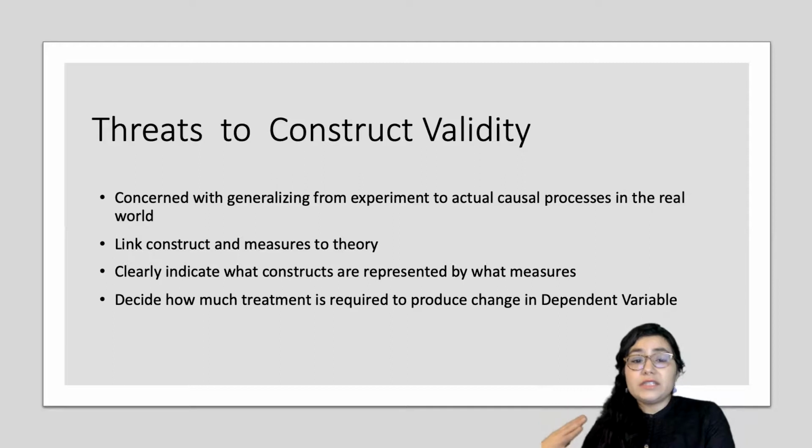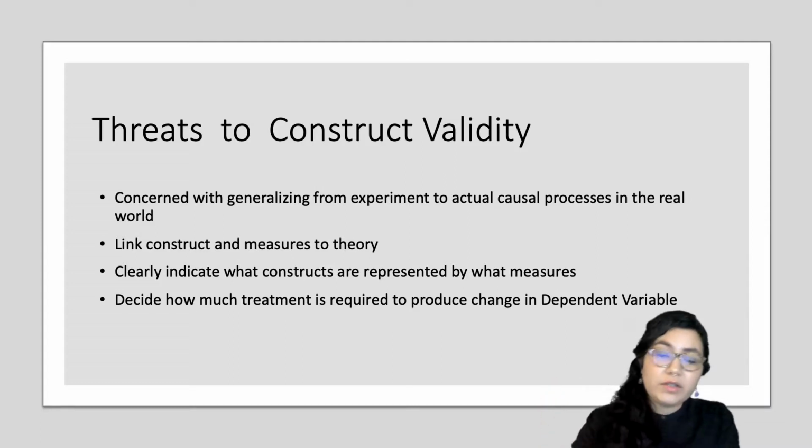We also really need to understand how much treatment is required to produce the change in the dependent variable. So we need to understand, okay, this is the difference in our findings, but is that actually a good difference that's tangible in the real world?